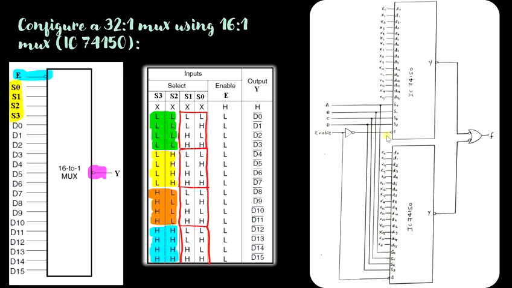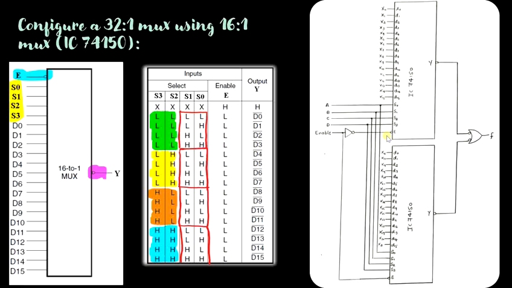5 select lines, because whenever we consider a mux, we represent in the general case 2 to the power n:1, where n corresponds to the number of select inputs. If you want 32, then 2 to the power 5 gives you 32. So therefore, we will require 5 select lines.